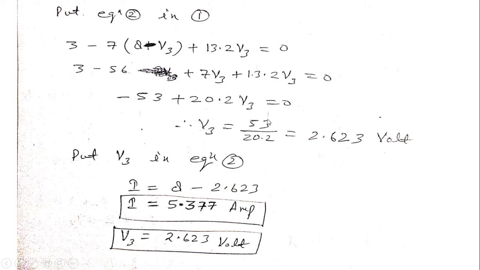Now V3 is equal to 53 divided by 20.2, which is 2.623 volt. Now we have evaluated one parameter, V3. To evaluate the second parameter I, put this V3 value in equation 2: I is equal to 8 minus V3, so 8 minus 2.623. So we have evaluated I and V3, which were asked in the question.